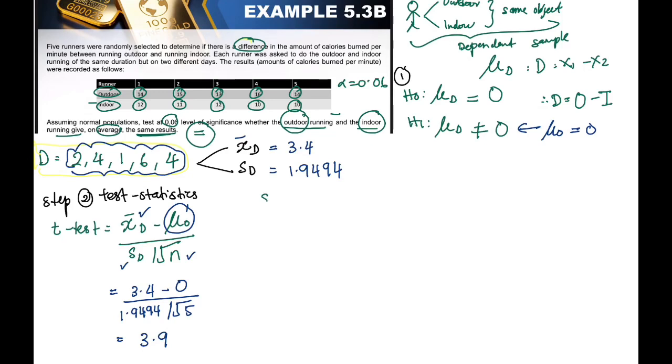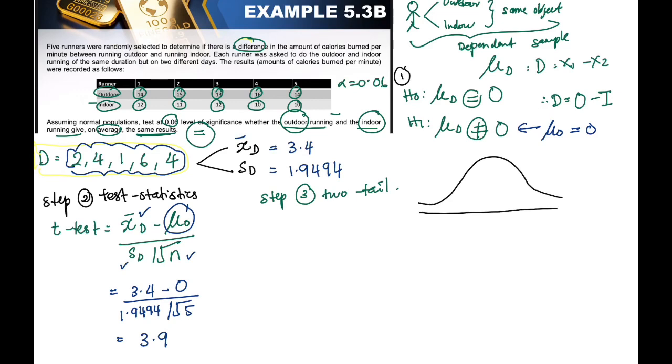Step number 3. One tail or two tail? Symbol is this one. So, two tail. Two shaded regions, negative and positive.